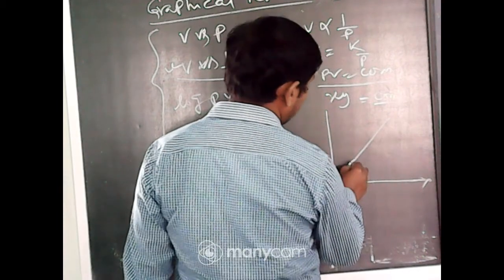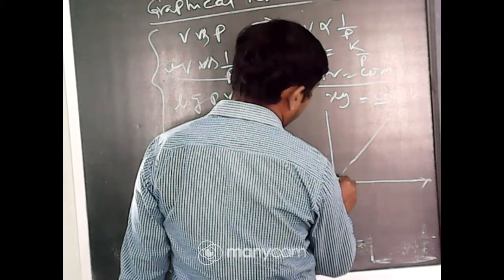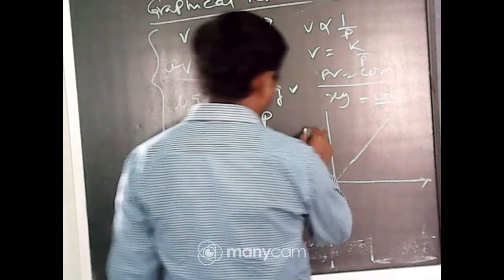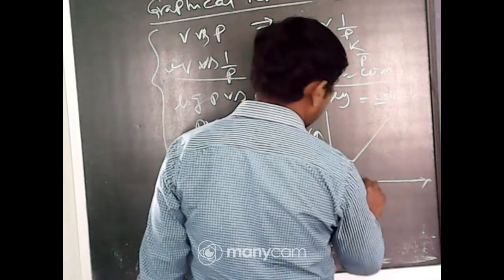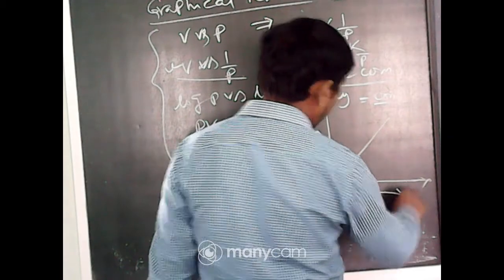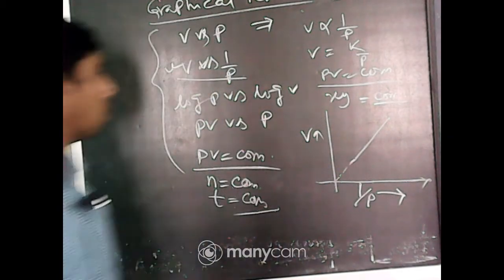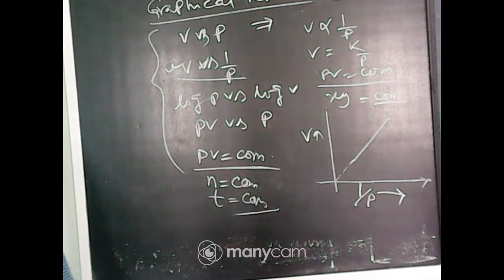And if we extrapolate it, then it will meet at 0, and this is the V and this is 1 by P. This is the V versus 1 by P plot.